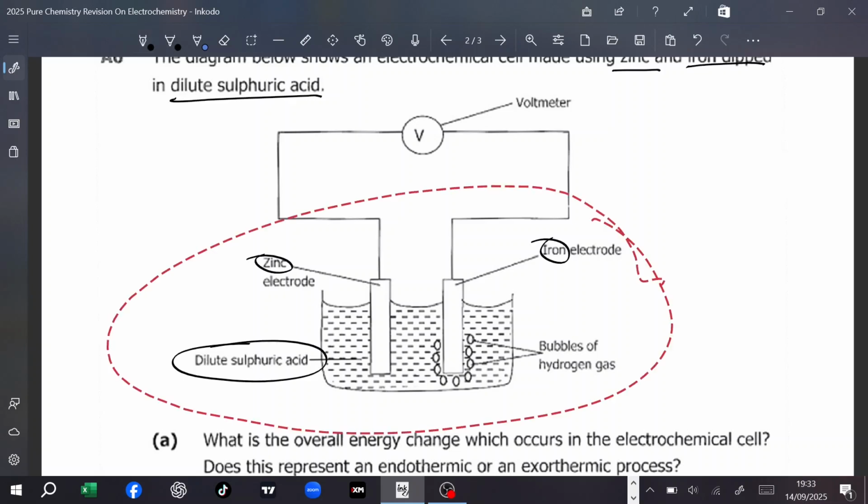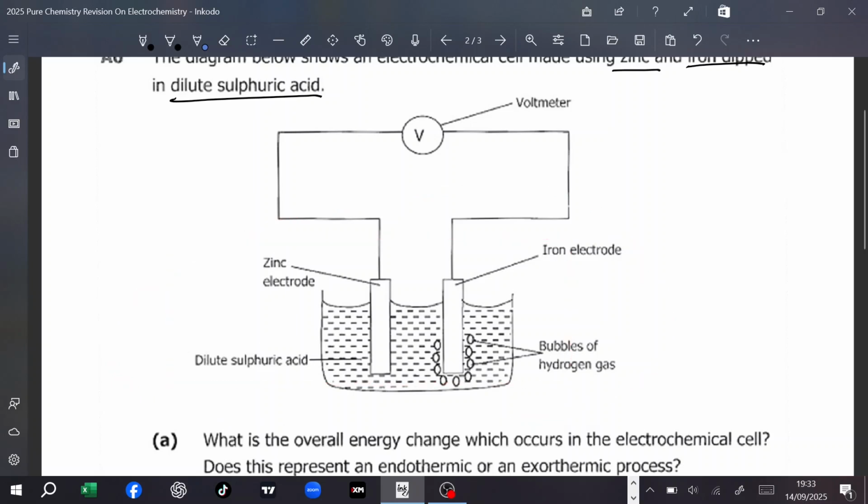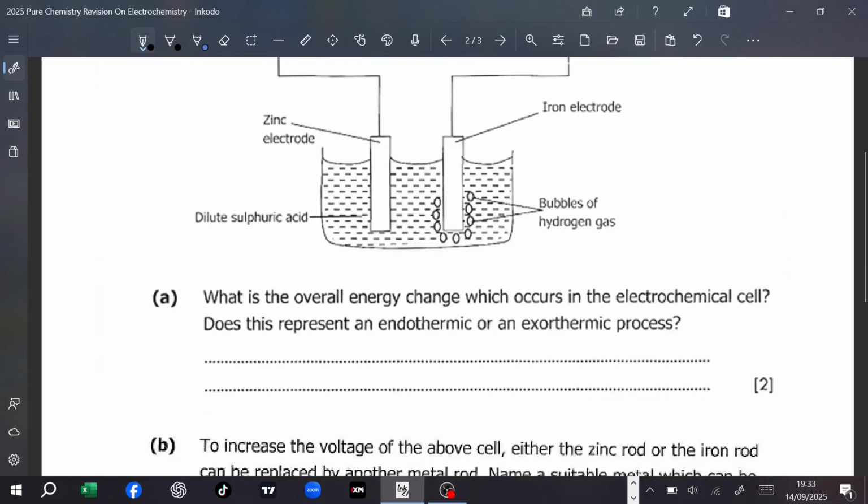Now let's see what the question is. Question A says, what is the overall energy change which occurs in the electrochemical cell? Does this represent an endothermic or an exothermic process?